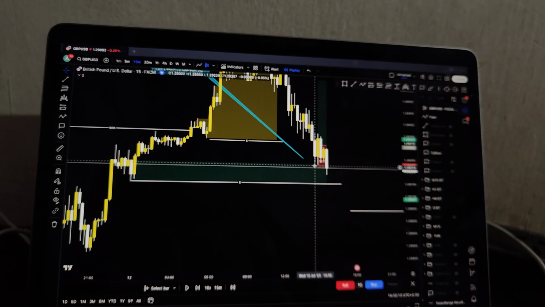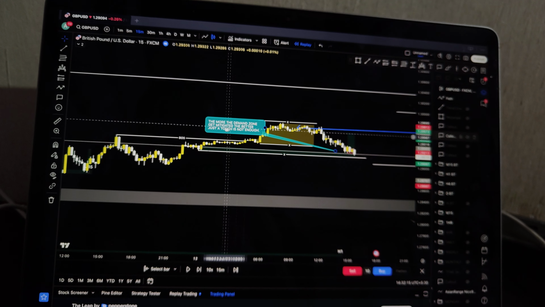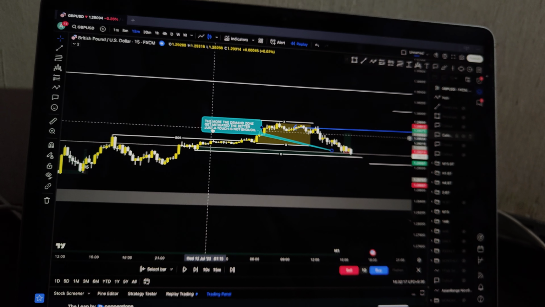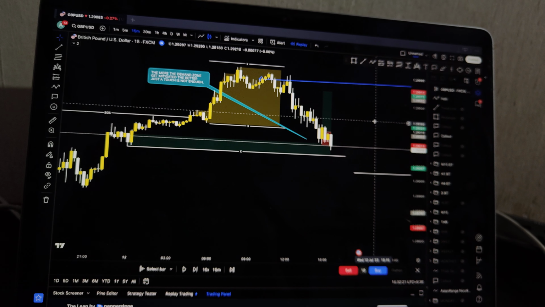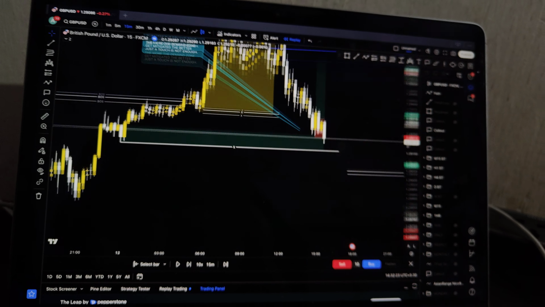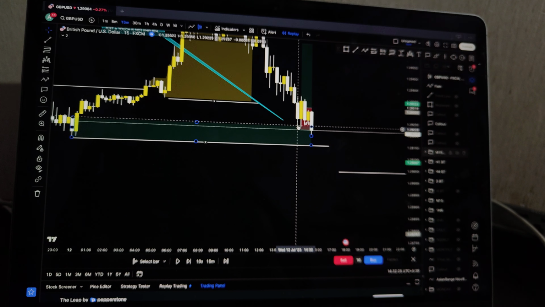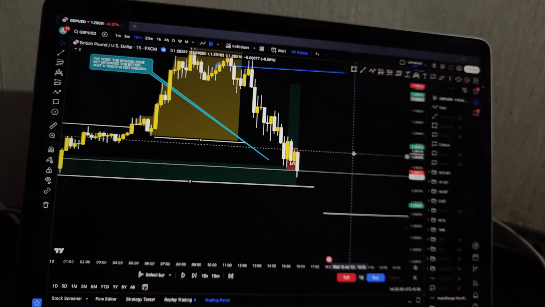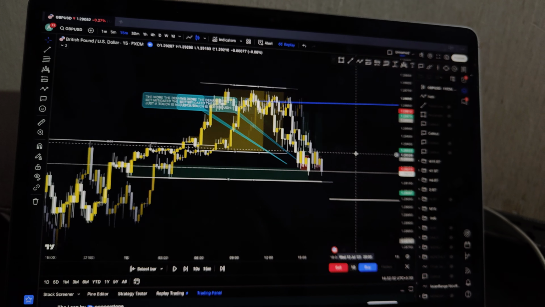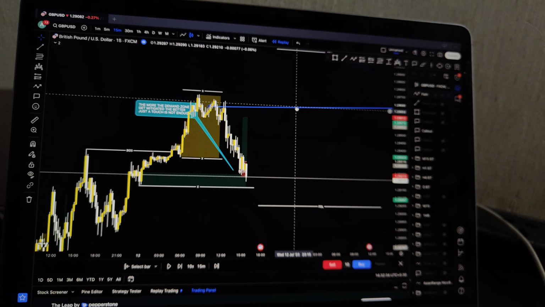But I've learned one thing from this trade: the more the demand zone gets mitigated, the better zone it is. And if it's just a touch like this, then it might not be one of the strongest, and it might come back and mitigate the demand zone again, which we have to keep in mind next time.